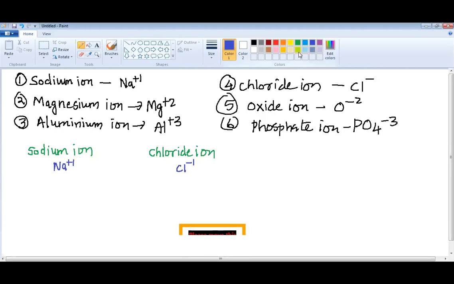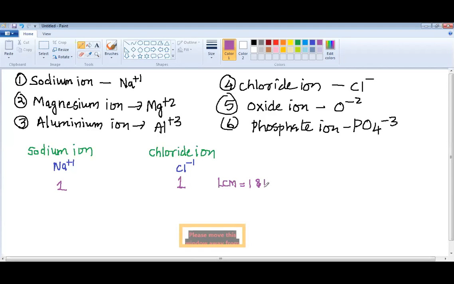Then, my dear students, we need to write their charges. So here, what is the charge? 1. So we shall write 1 here. What is the charge? 1. We shall write 1 here. We need not write the charge type, positive or negative. Then we need to decide the LCM. LCM of 1 and 1.